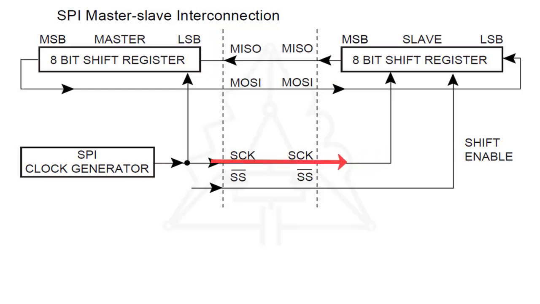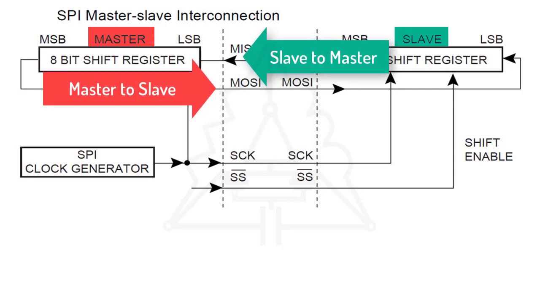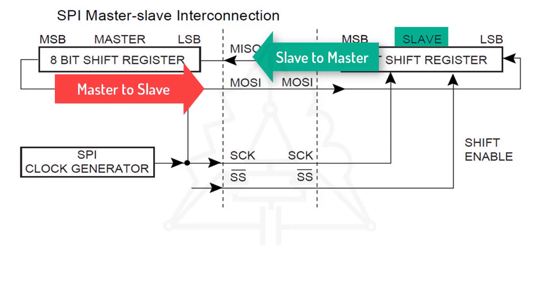The master generates the required clock pulses on the SCK line to interchange data. Data is always shifted from master to slave on the master out, slave in, MOSI, line, and from slave to master on the master in, slave out, MISO, line.